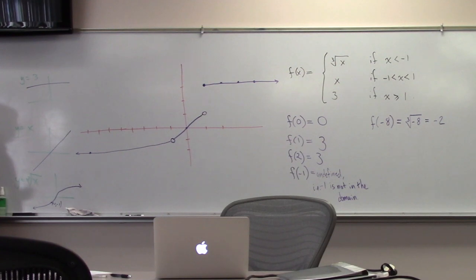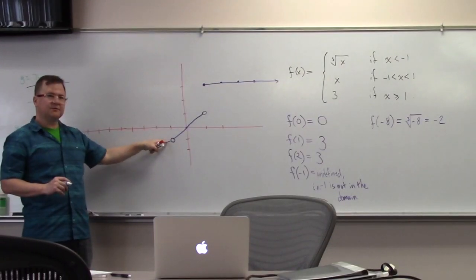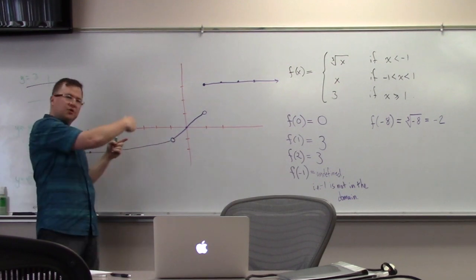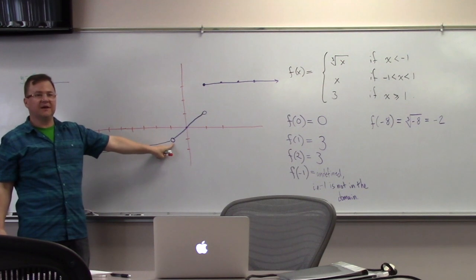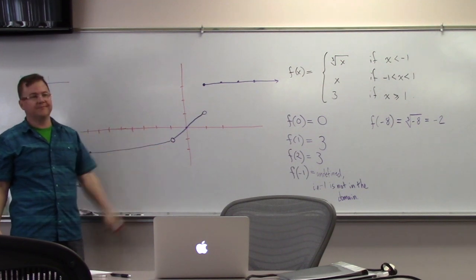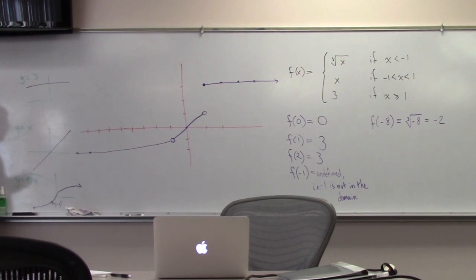And it's leading right up to that same circle. The two sections kind of join each other right here, although technically it's undefined at that point in particular. And I think that would be a complete graph of this particular piecewise function.